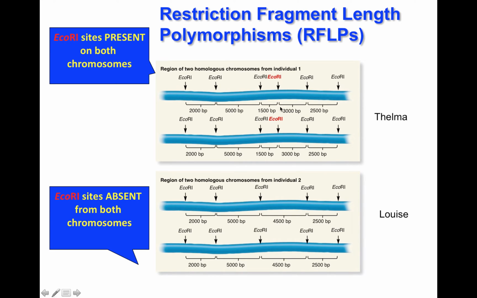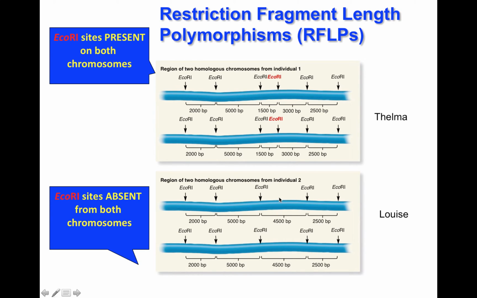So when Thelma's DNA is cut with EcoRI, we get a fragment in this particular region of the chromosome that is 1,500 base pairs and another one that's 3,000 base pairs. And that's the same for both copies of this chromosome, a 1,500 and a 3,000, because both of these chromosomes have this EcoRI site right here.